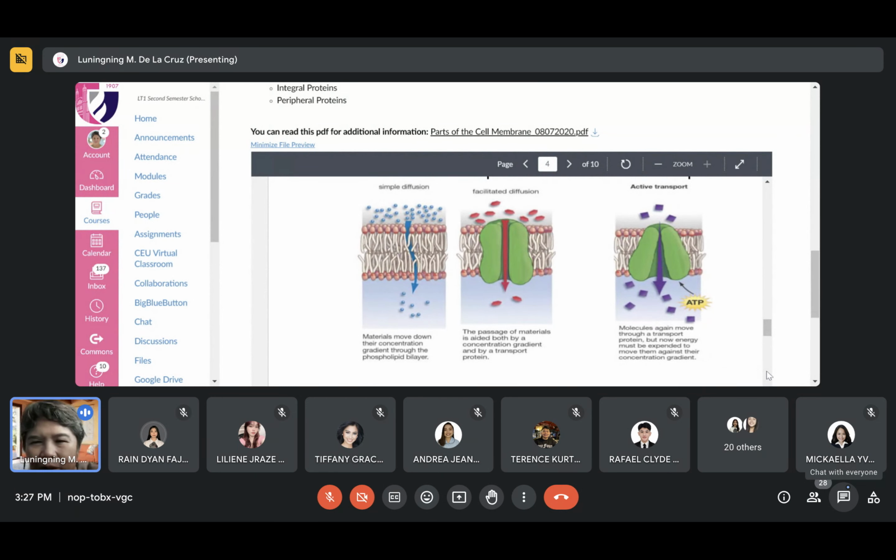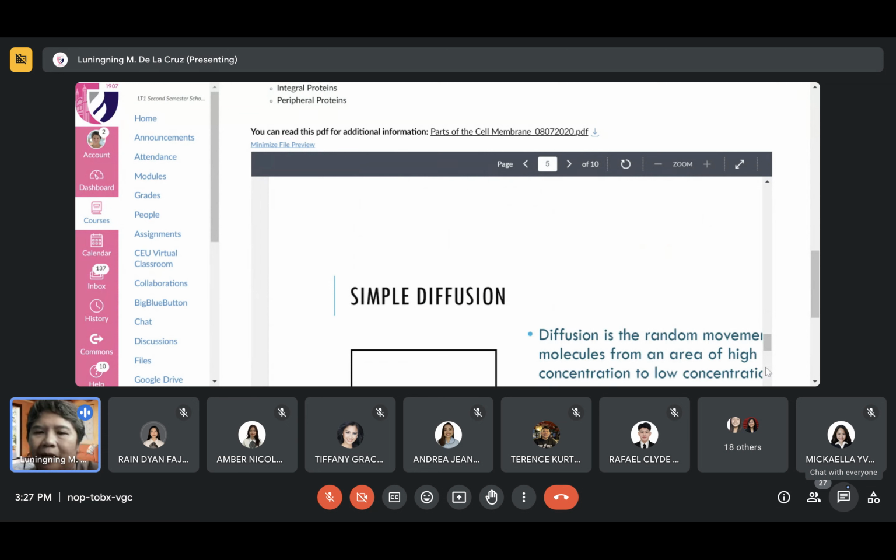So look here. The cell opposes the concentration gradient. See, there are very few here, but still they pass through the cell, through the protein, and travel through an area where there are many of the purple substance. Later on, when we study photosynthesis, you will be able to see this active transport.